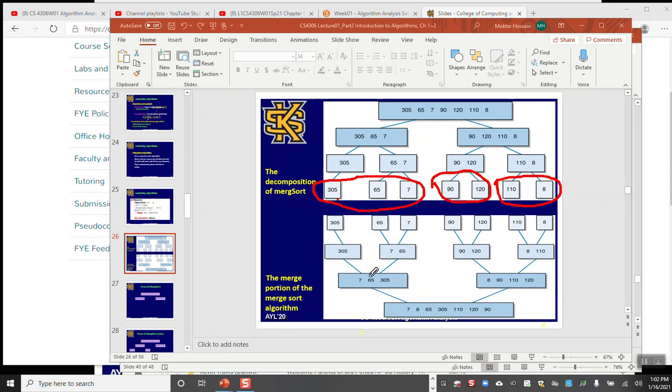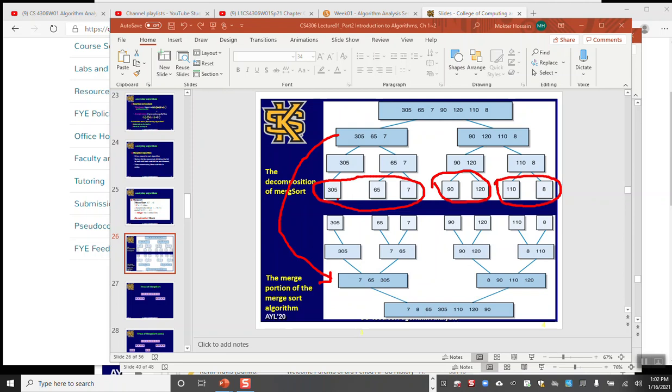So we started from here, and then we got a sorted sublist, right? Similarly, these two will be compared, and since 90 is less than 20, there is no change, and then there will be a swapping over here.